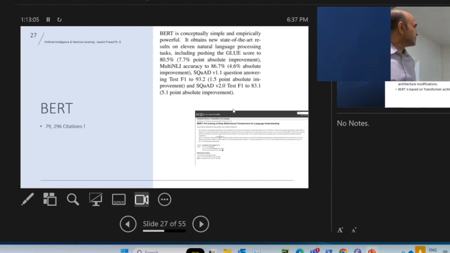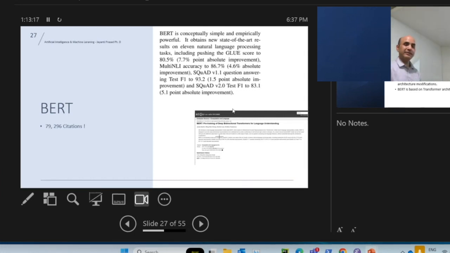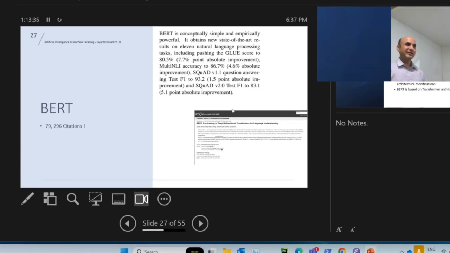So BERT claimed, you can see these are its performance metrics. It also has a very high citation count, 79,000 plus citations since 2018. And there are still BERT models available. People are using them. In fact, if you survey the landscape of large language models, you will find that BERT still captures a fairly big territory, maybe 30 to 40%, and then GPT, and a few others.